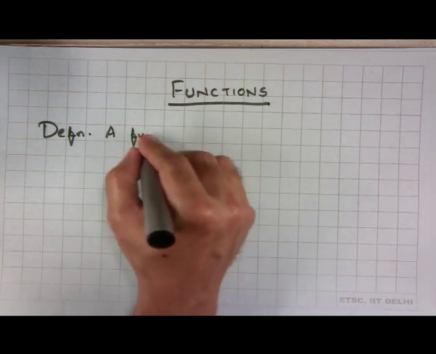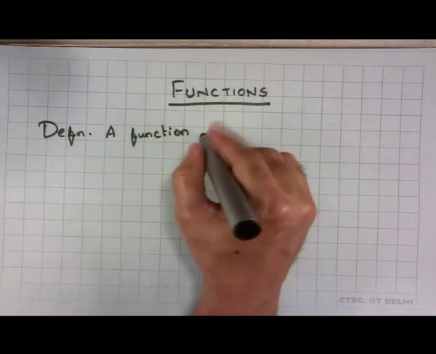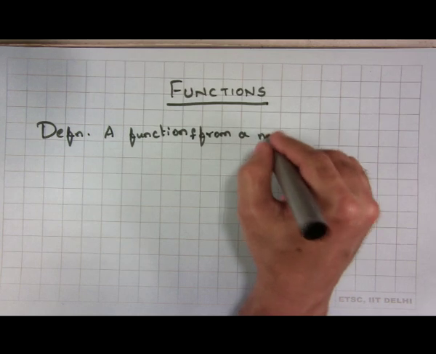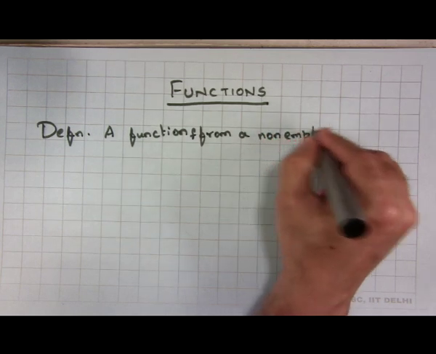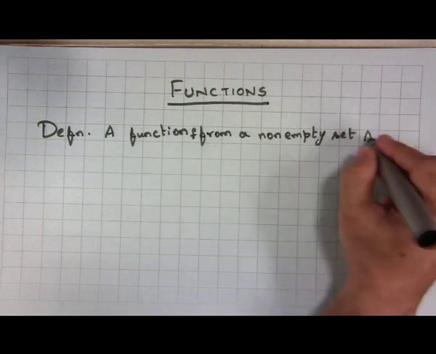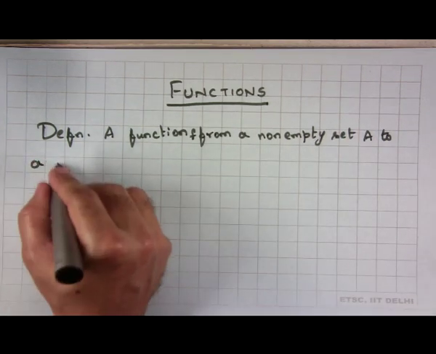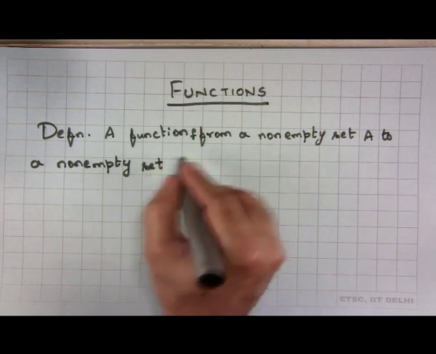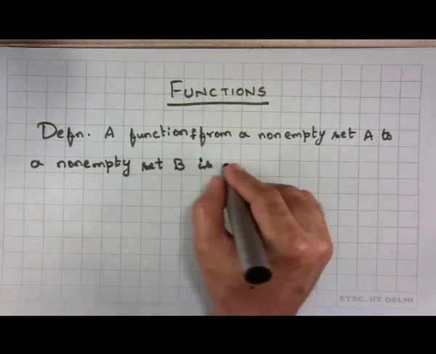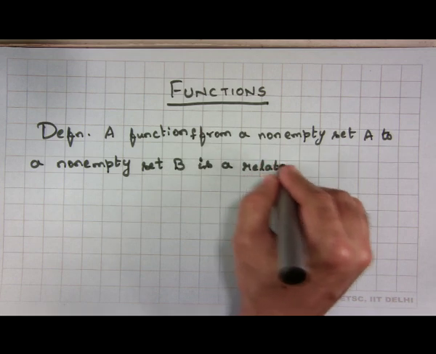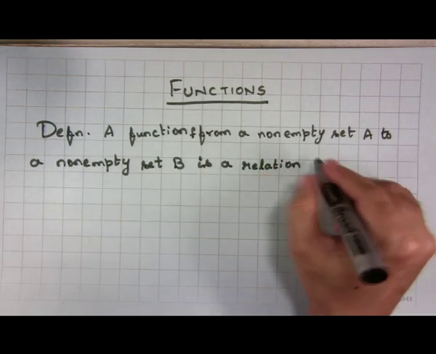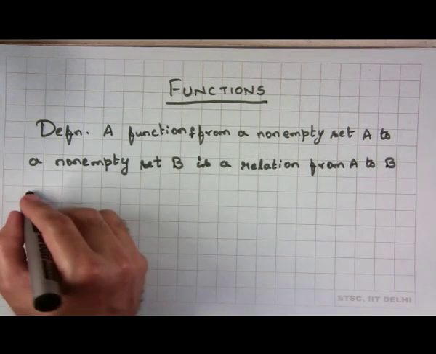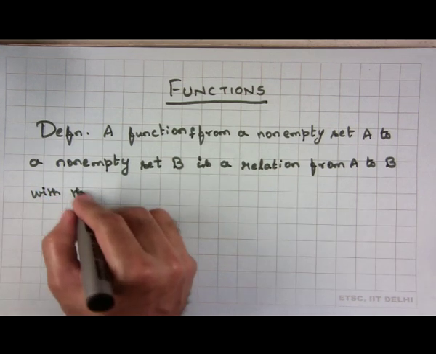A function f from a non-empty set A to a non-empty set B is a relation from A to B with the following properties.